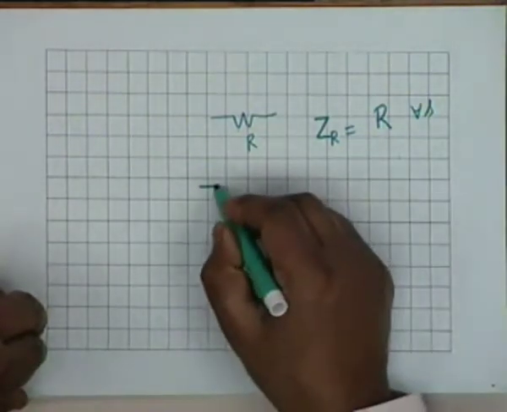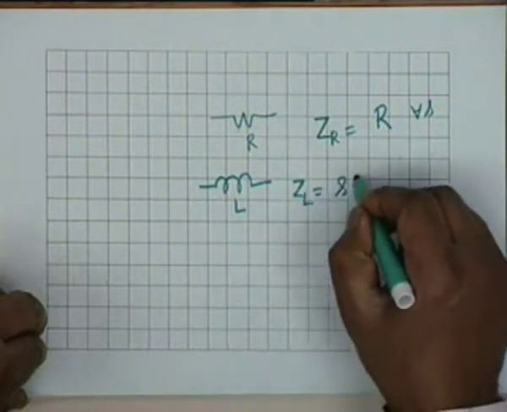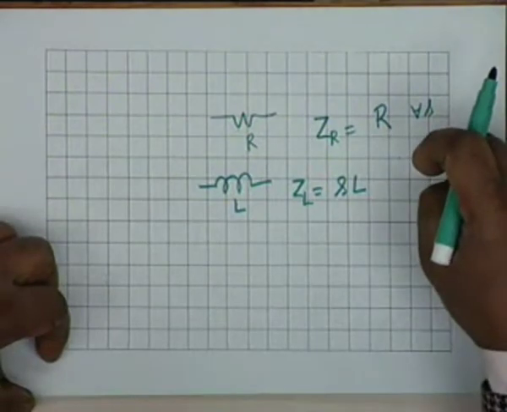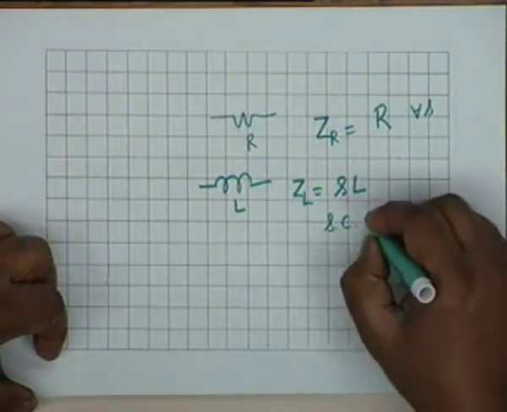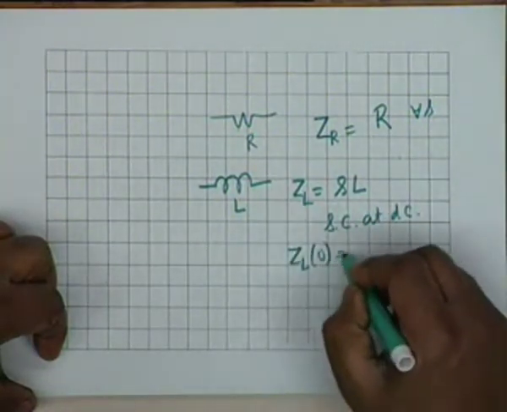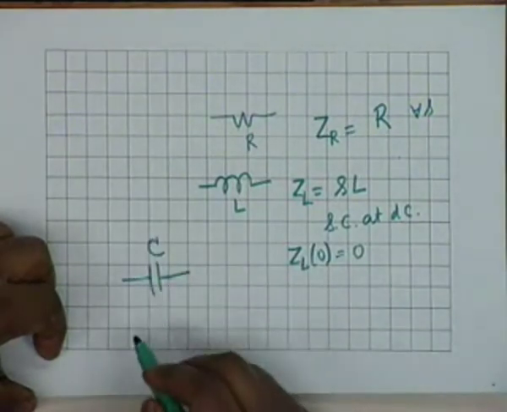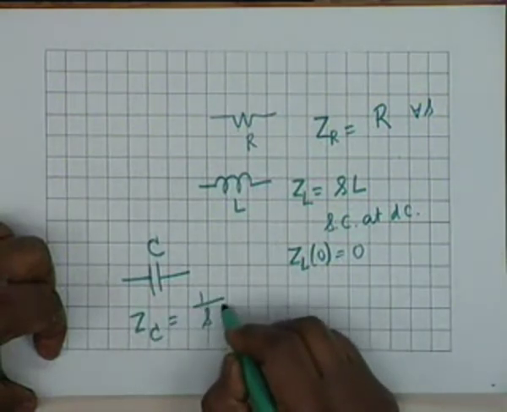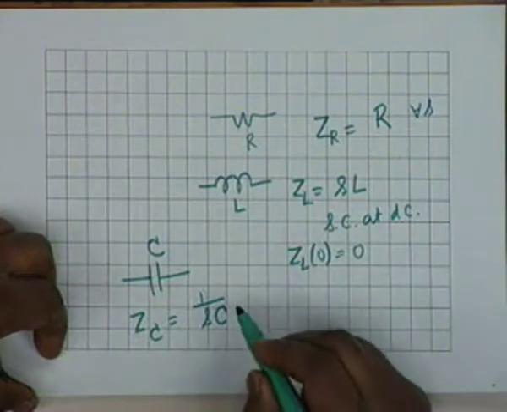On the other hand, if you have an inductance L, then you know its impedance is sL, and therefore at DC, when s is equal to 0, the impedance is a short circuit. Short circuit at DC: ZL(0) is equal to 0. If we have a capacitance C, the impedance of the capacitance is 1 over sC, and therefore at DC the impedance is infinity.